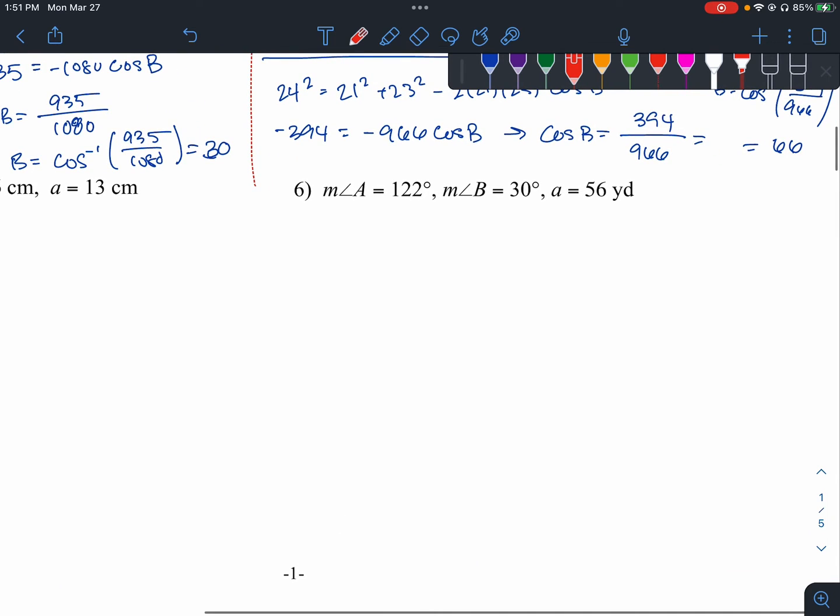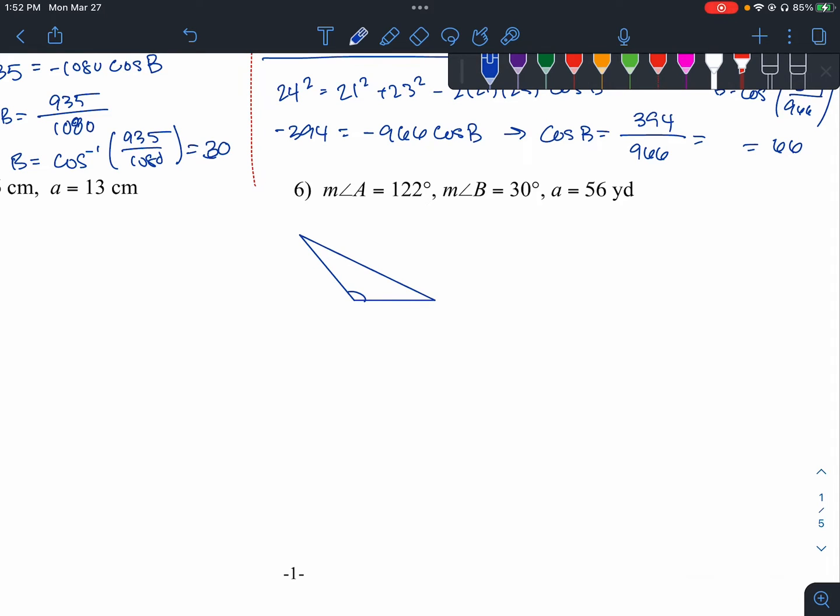Let's look at number 6 right here. We have 2 angles and a side. If you want to draw this out and see which case it is, I already know that's going to be a law of sines because we have 2 angles. You can solve for C right away. But if you want to check which case we're using, the angle given is obtuse.